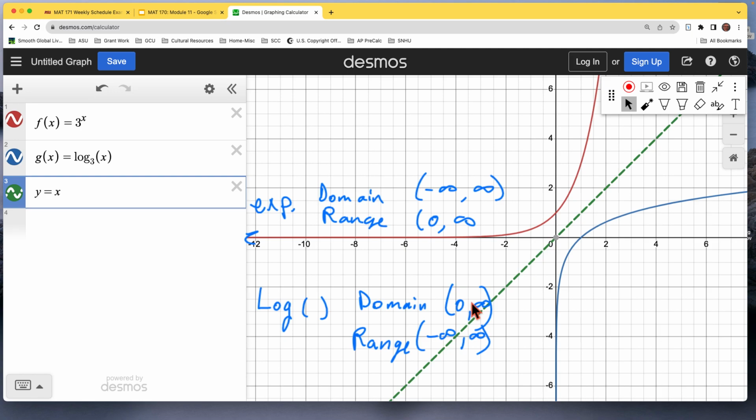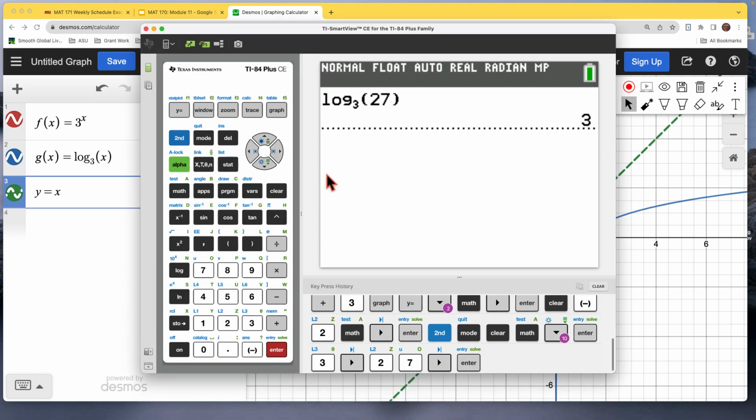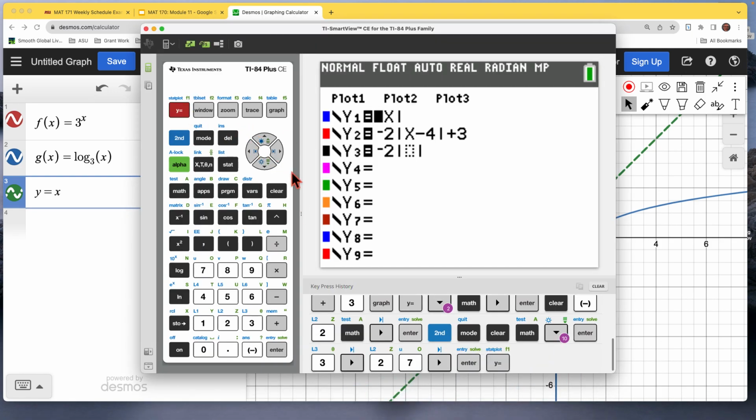Okay, so we've got domain and range. So just think, because of that domain, and the reason you can see with the log, let me show you this. Let me clear these out.